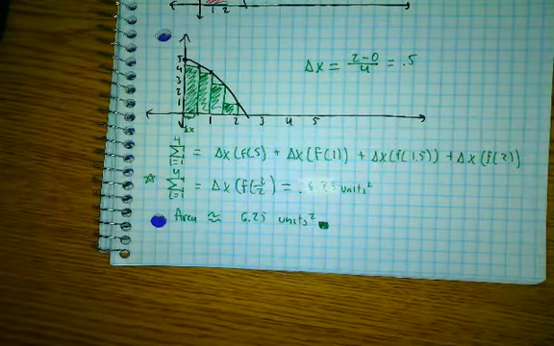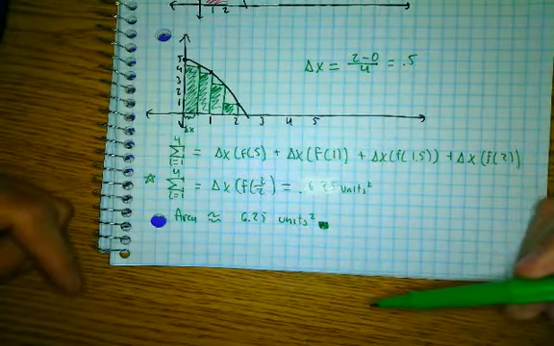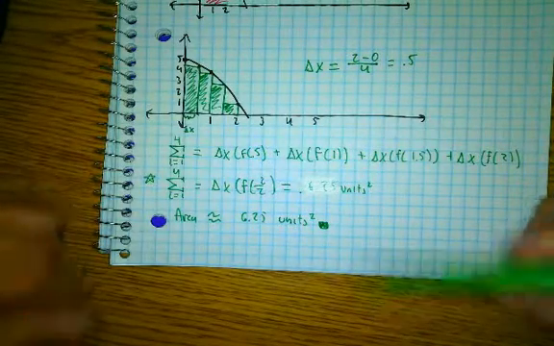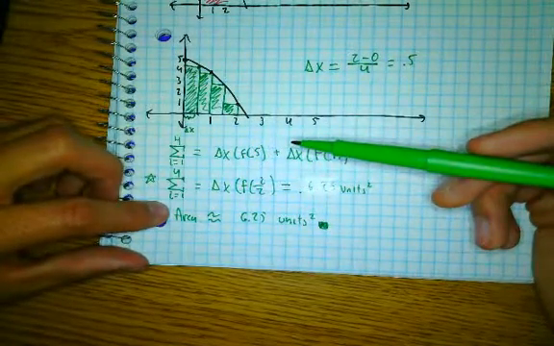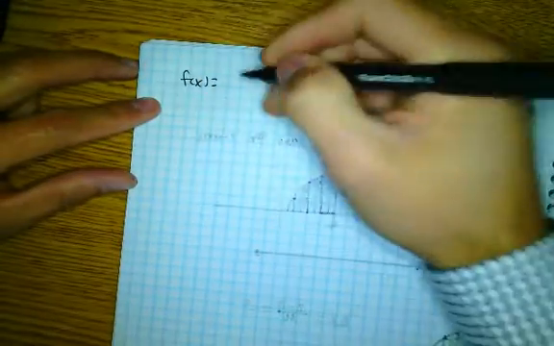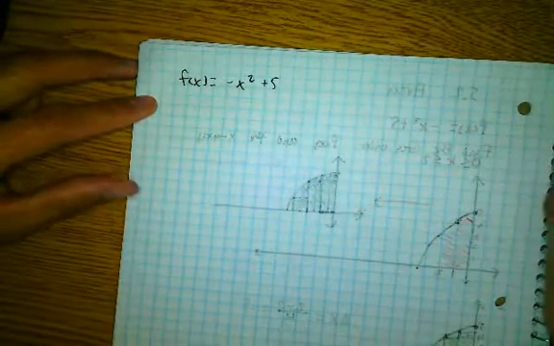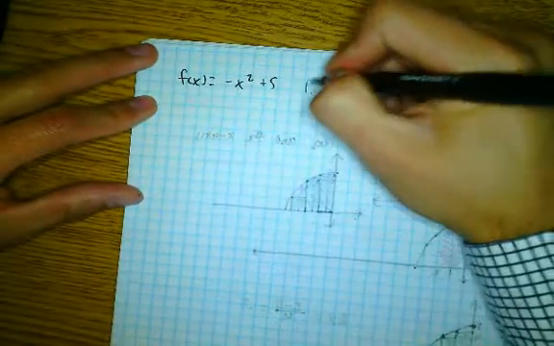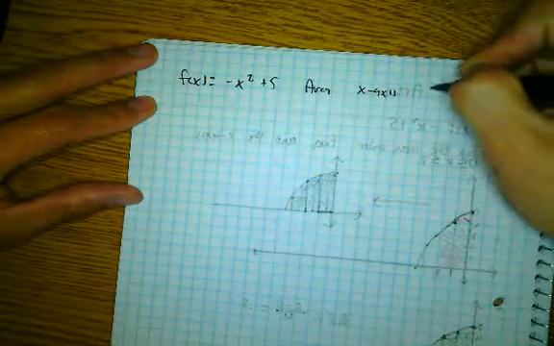We can draw some conclusions from here, though. Okay? Because there's another way we can use rectangles. You ready? What if I have the exact same problem? So it was f of x equals negative x squared plus 5. And I still want the area above the x-axis and between 0 and 2.